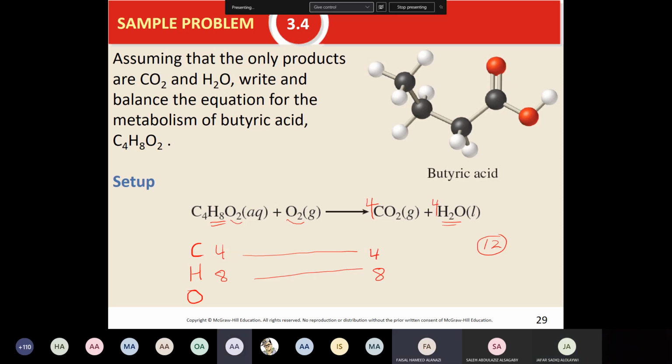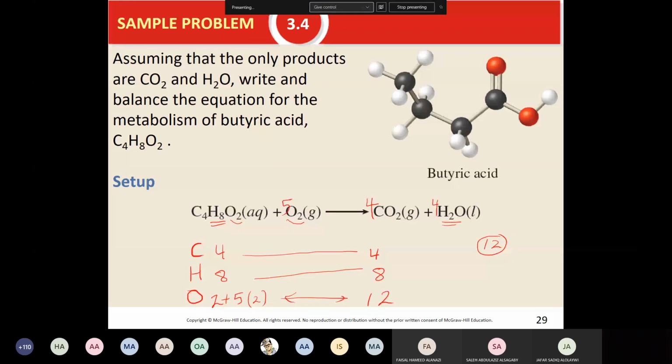Only multiply this by 5 because it's the only thing that has oxygen. If you multiply the other thing by anything, you will change the carbon and hydrogen. So multiply this by 5. In this case, we have 12 oxygen in here, and we have 2 plus 5 times 2, which is 12. So everything is balanced. You know how to balance things now?